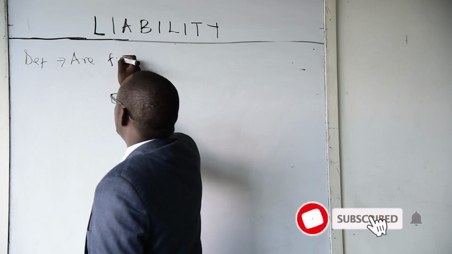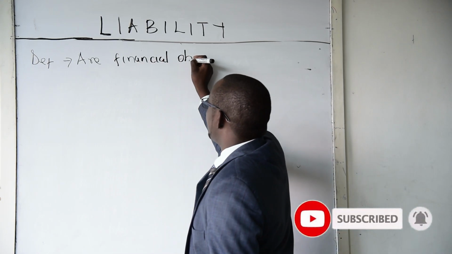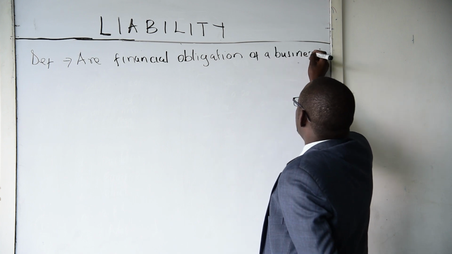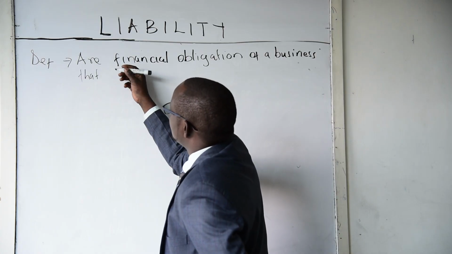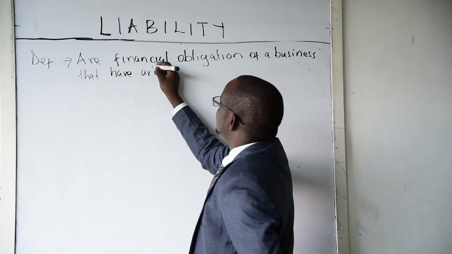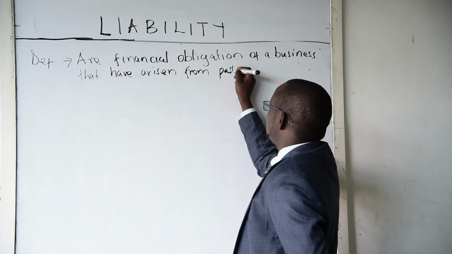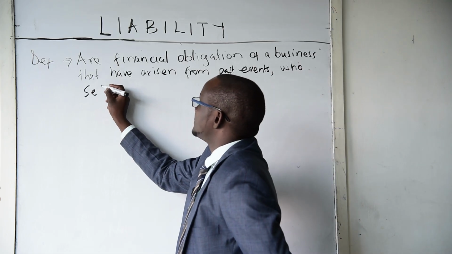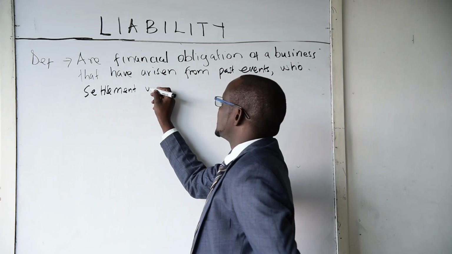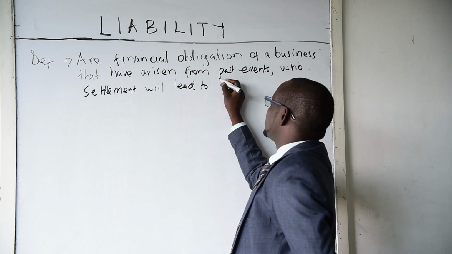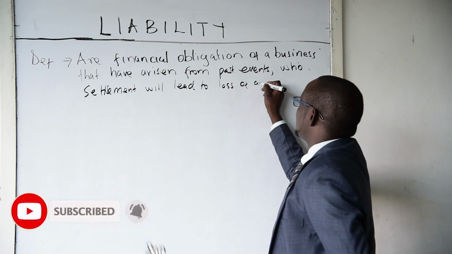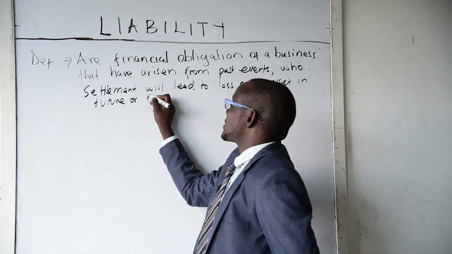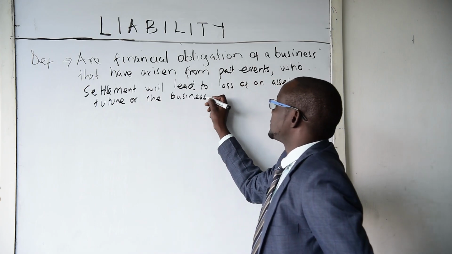Liabilities are financial obligations of a business that have arisen from past events, whose settlement will lead to loss of an asset in future, or the business offering a service.